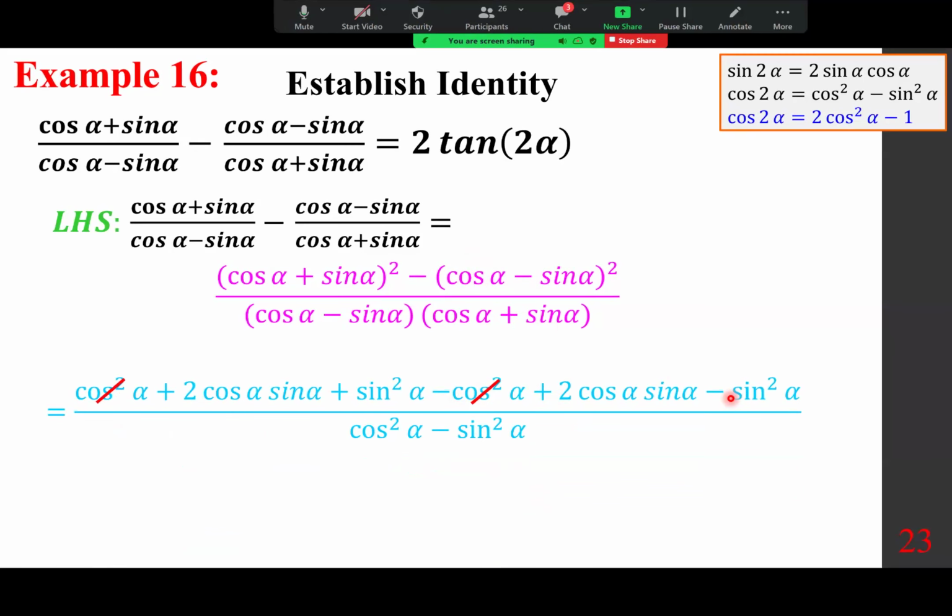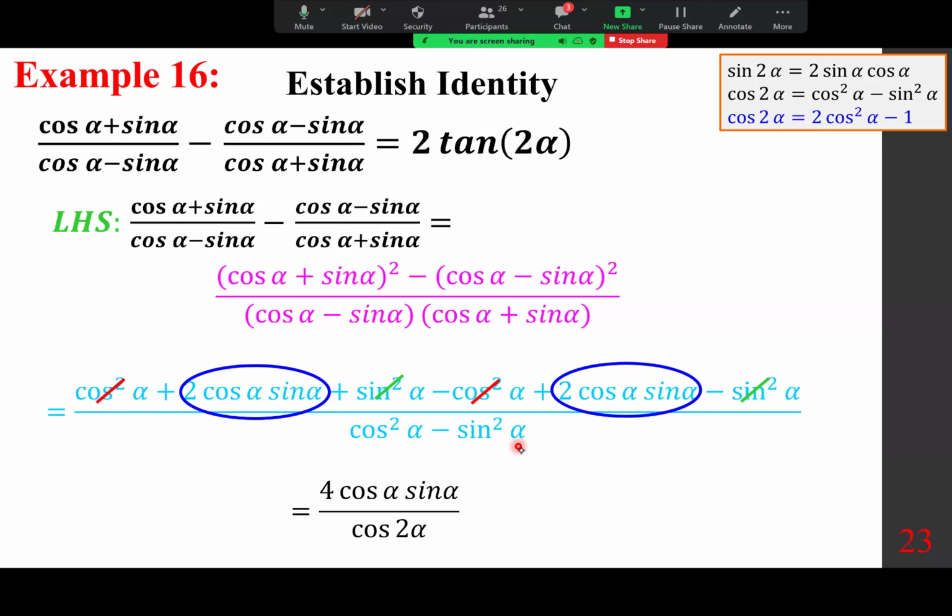Cancel out these two. Cancel out these two, and you're left with that. 2 and 2 add up to 4 cosine alpha sine alpha, and the denominator is cosine 2 alpha.